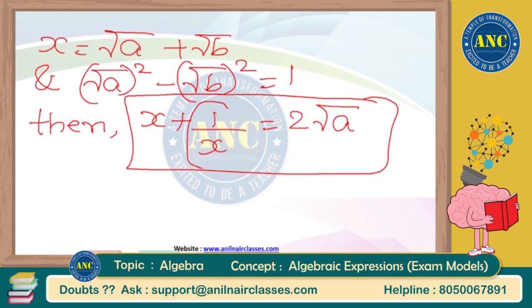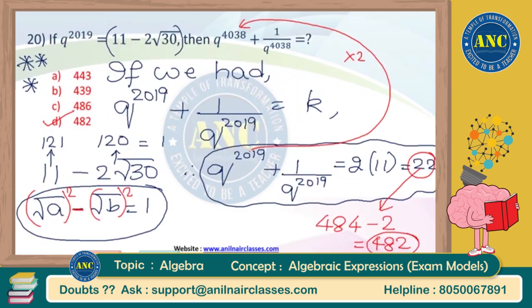Because the 1 by x was missing in the question, I am using this condition initially and getting this 1 by x term added with x, and thereby later it is very simple to convert. First of all, root a whole square I can write as root 11 whole square, so it is 121 minus 120, and that difference is nothing but 1.